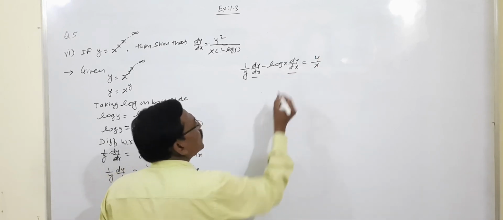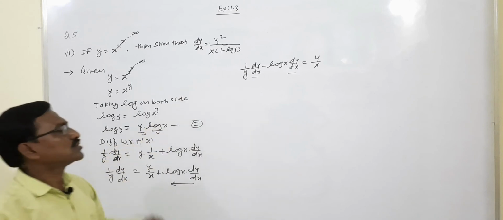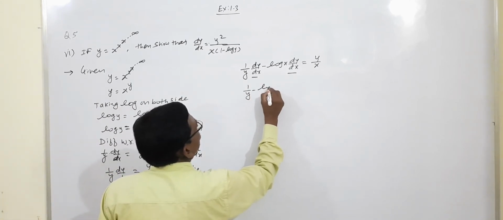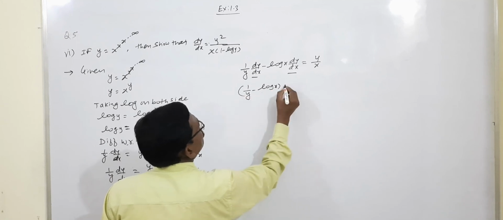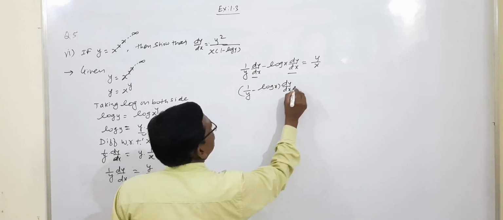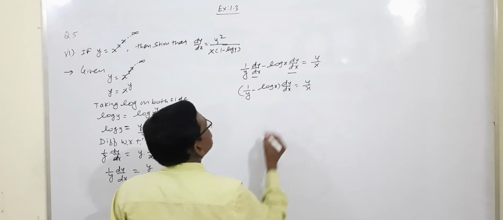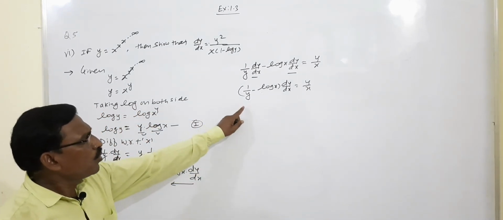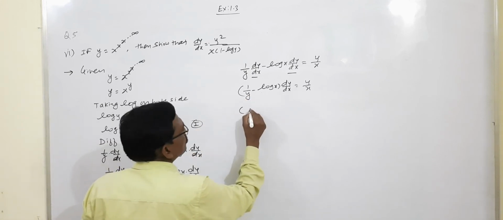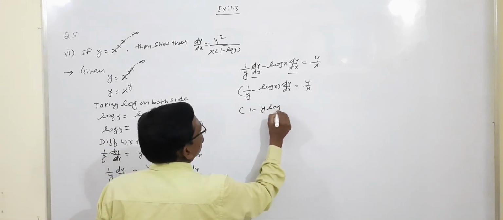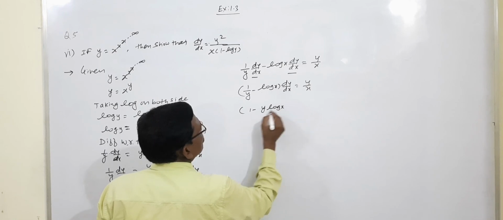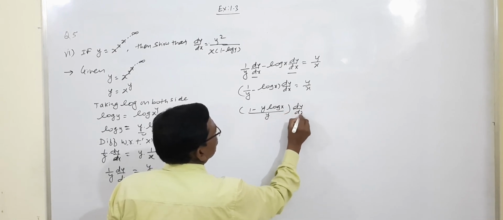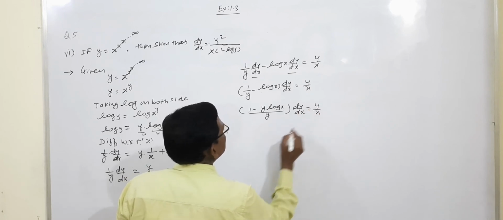Now we take common dy by dx from these two terms: 1 by y minus log x into dy by dx is equal to y by x. Now we simplify this: 1 minus y into log x divided by y into dy by dx is equal to y by x.